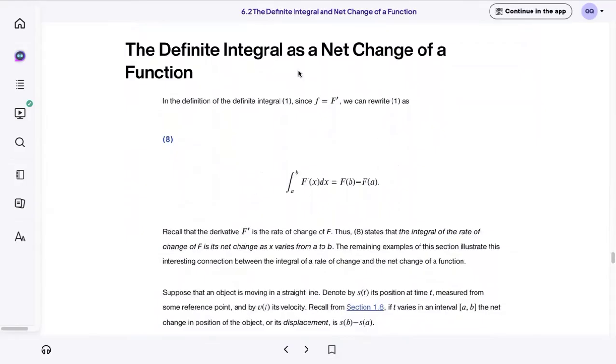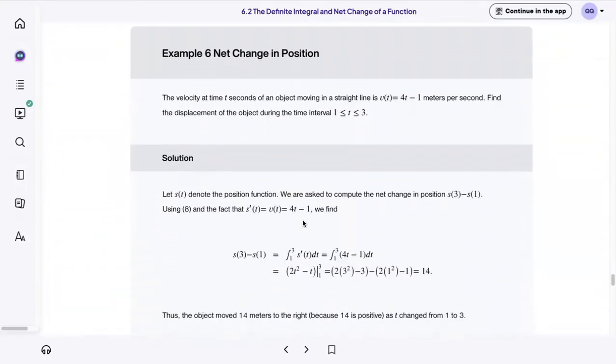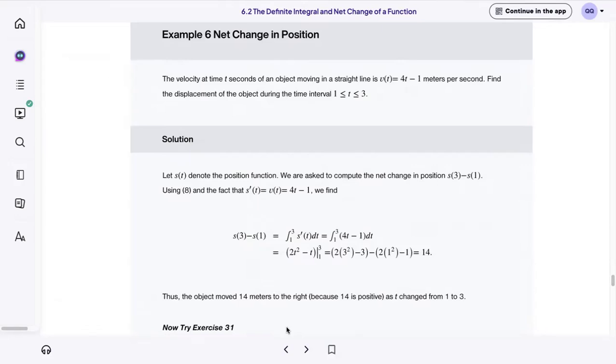So the definite integral gives the net change of a function. Let's see this example. The velocity, again, once we see velocity, we know it's the derivative of the position function.